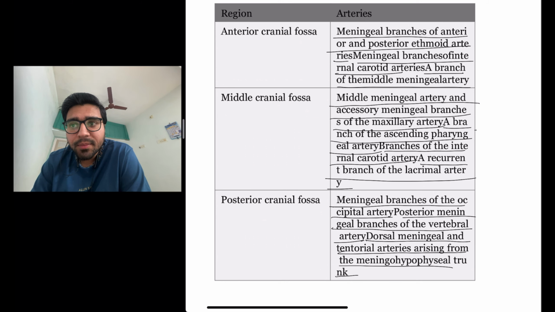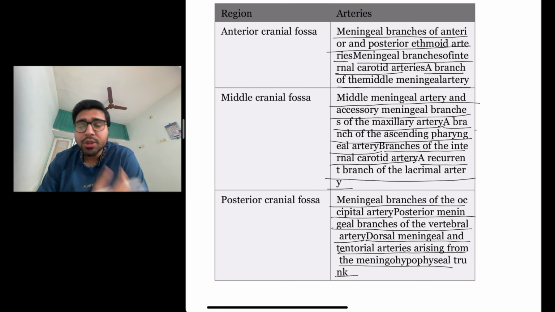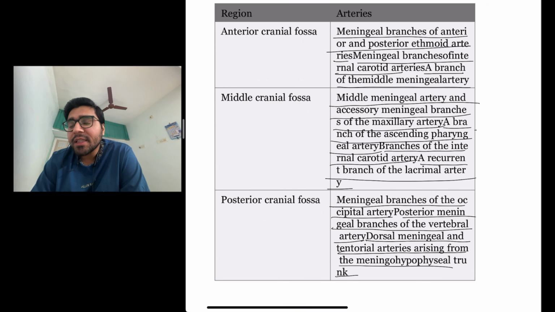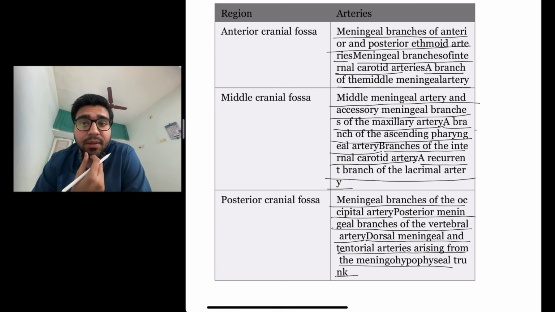Middle cranial fossa blood supply is the middle meningeal artery and accessory meningeal branches of the maxillary artery, a branch of the ascending pharyngeal artery, a branch of the internal carotid artery, and a recurrent branch of the lacrimal artery. Posterior cranial fossa blood supply is meningeal branches of the occipital artery, posterior meningeal branches of the vertebral artery, deep meningeal and tentorial branches arising from the meningohypophyseal trunk.